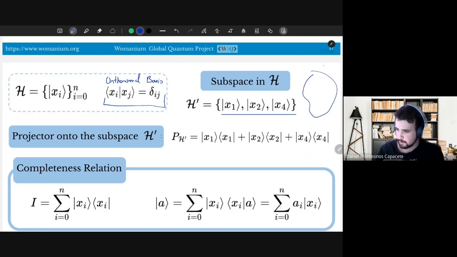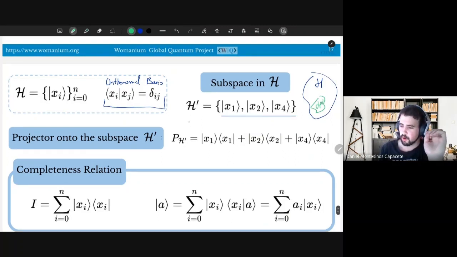If you have H here, I could have a smaller space called H prime that is just generated by these vectors, and the selection of these vectors is random. I could have chosen x5 or x26. I just chose three random vectors.